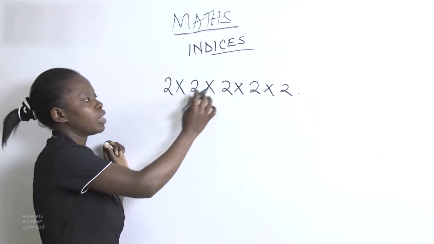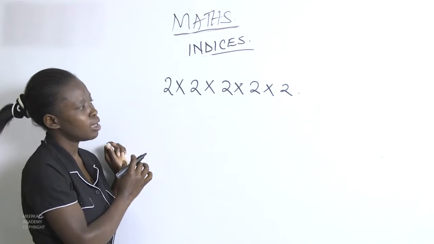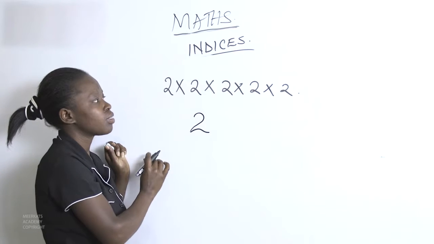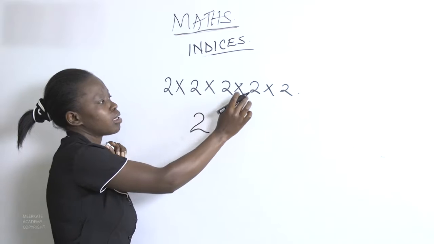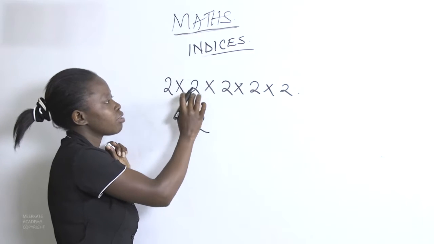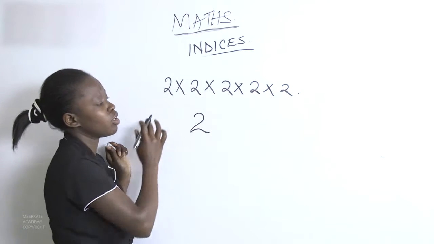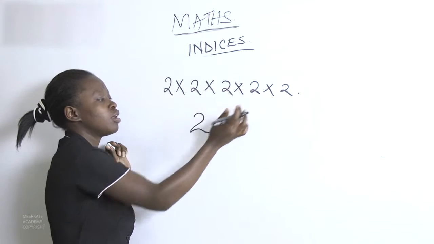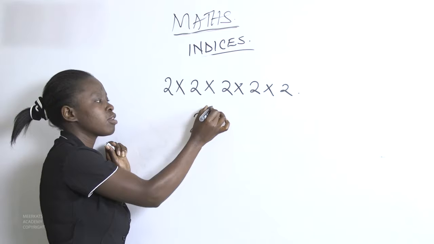So what do I do? I write this number in power notation such that 2 becomes my base. Then the power or the index that will be formed is just by how many times the 2 has been repeated. So this one has been repeated 5 times, so my power is 5.